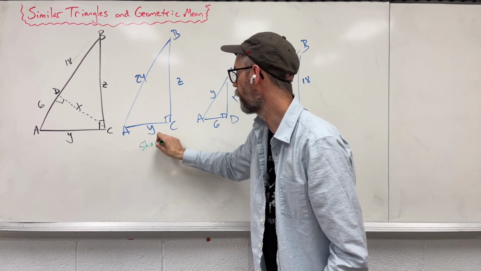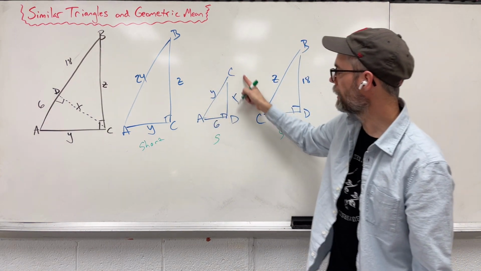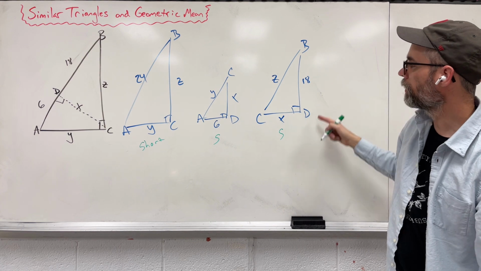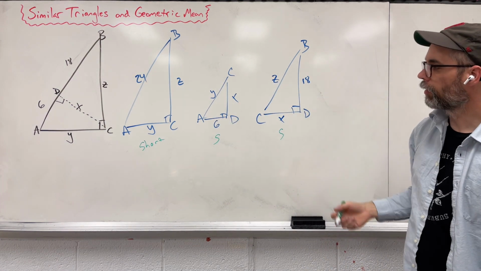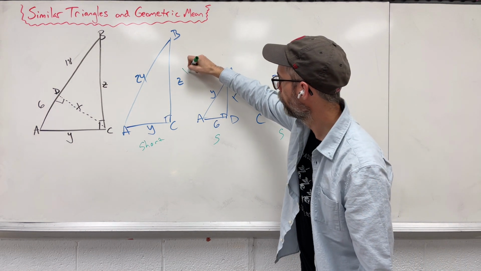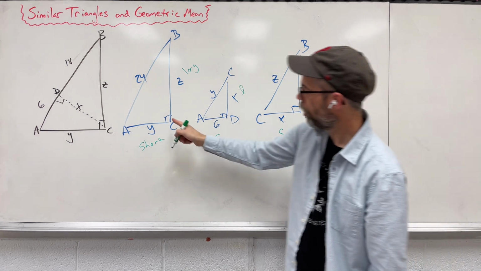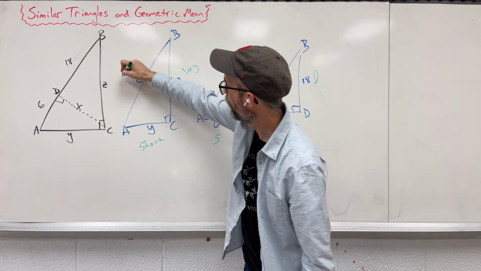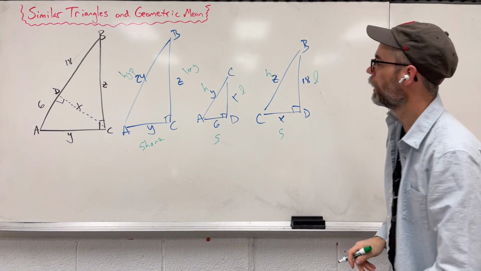I'm going to call them short, or even just S. Off to the side here, along the right angle, that's another leg. We're going to call that long, or L and L. And then across from the right angle, we have something called the hypotenuse. Call that H and H.